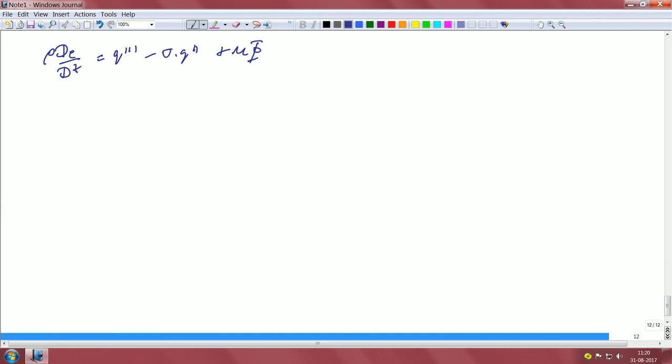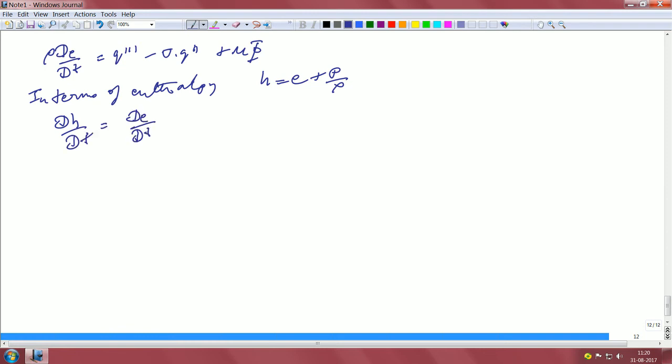Into phi. Now, in terms of enthalpy, which is a quantity we are very familiar with, enthalpy is basically E plus P by rho. So, dH/dt will be dE/dt plus 1 over rho dP/dt minus P by rho squared d rho/dt.